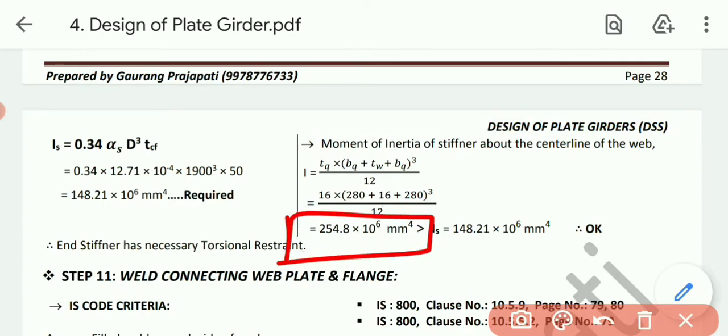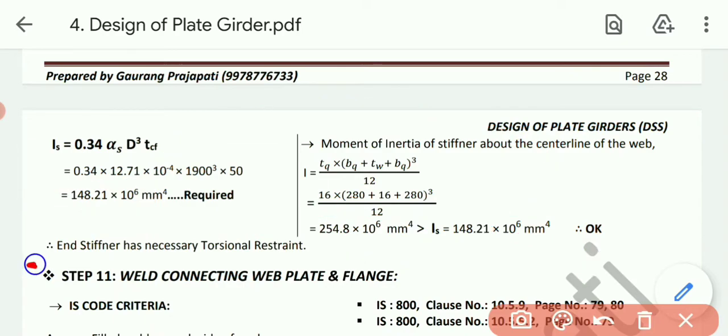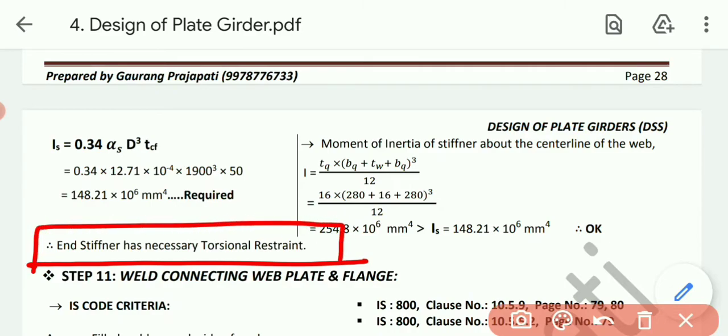That the stiffener which we have designed can resist the moment of inertia of this much. It must be greater than the moment of inertia requirement which we got over here, that was 148.21 into 10 raised to 6, and we got the answer 254.8 into 10 raised to 6 mm raised to 4. Okay, our condition is satisfied. So ultimately end stiffener has necessary torsional restraint.